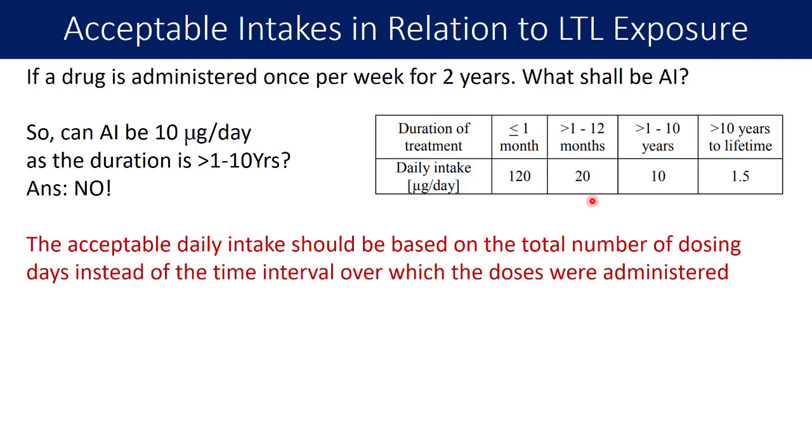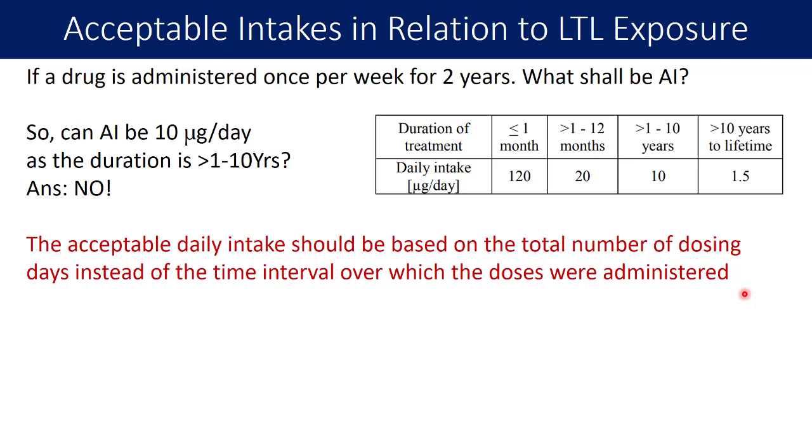And the reason, again, is that the acceptable daily intake should be based on the total number of dosing days instead of the time interval over which the doses were administered. So what is the actual total number of dosing days? 1 day per week, or you can say 4 days per month.